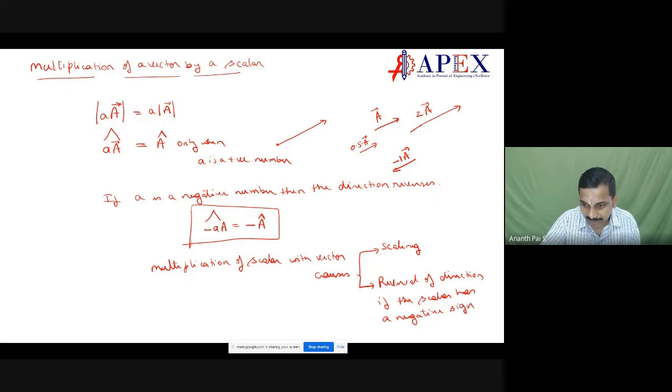If the scalar has a negative sign, then what happens? It will reverse the direction. Make sense, students? Write this down. Any doubts you can ask. Tell me if I'm fast, okay.